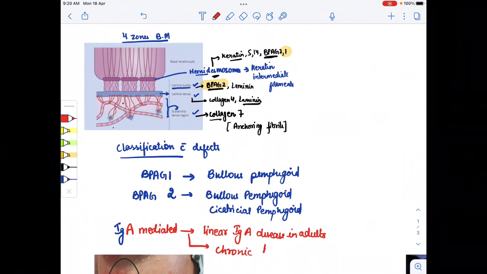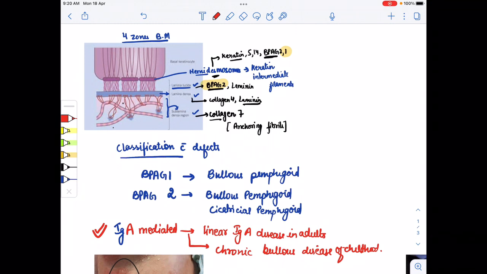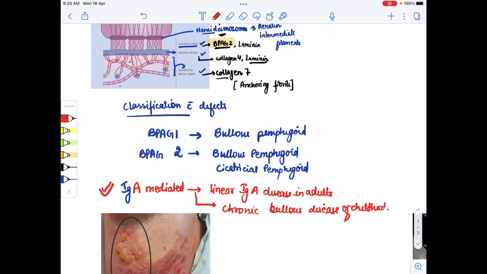It is very important: if it is IgA mediated, then it is chronic bullous disease of childhood, meaning a chronic bullous disease is present from childhood. So all these are the classification with defects.